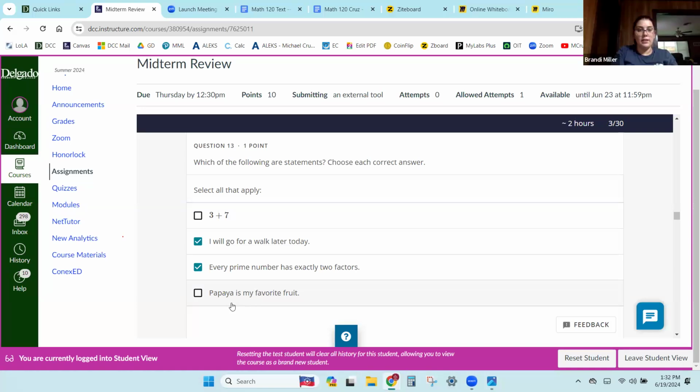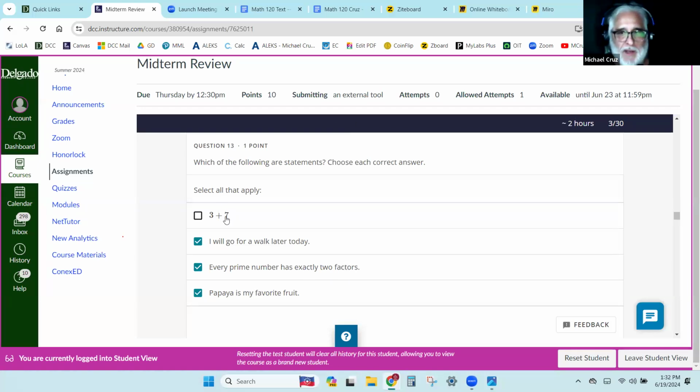The ones you have selected, it says it's wrong. Hold on a second. I'm going to see if they're including papaya as my favorite fruit. I think that's going to be considered a statement in this case. It's saying papaya is their favorite fruit, so they're making a statement. It's not asking a question. Yeah, okay. That makes sense.